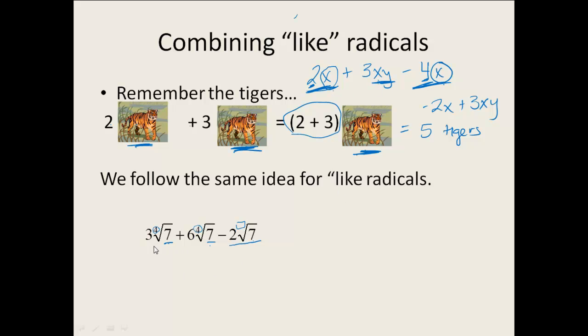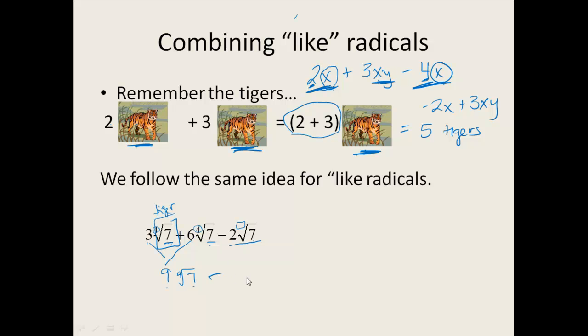So when I look at this, I've got 3 of these things plus 6 of those things. Well, 3 plus 6 gives me 9, and I still have fourth roots of 7. This fourth root of 7 is kind of like the tiger. I've got 3 tigers plus 6 tigers, so I have 9 tigers.